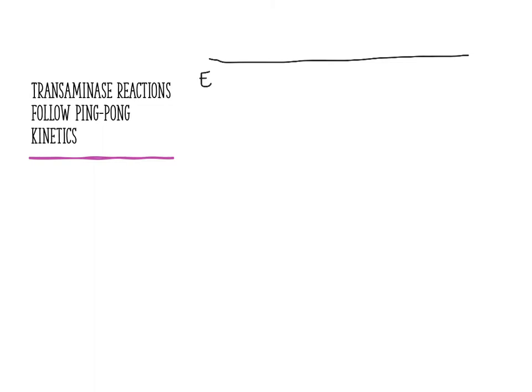Okay, so you have an enzyme. And the first thing that happens is the first substrate binds. And you get E and S bound together. And then you form the first product, and the first product leaves.